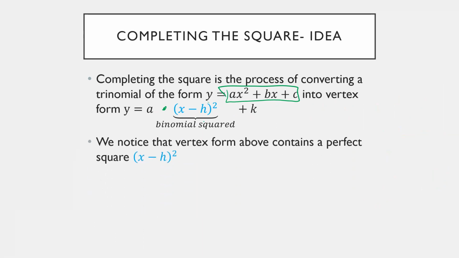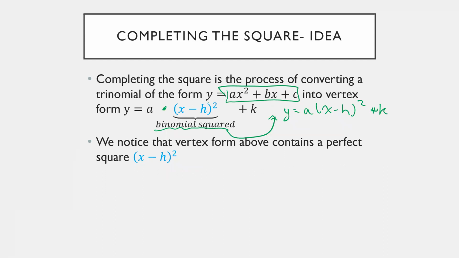So our goal is to create a perfect square trinomial so that we can then factor it as a binomial squared. And why do we want that? Because the binomial squared looks like the vertex form. It reminds us of vertex form. So that's really what the idea is.